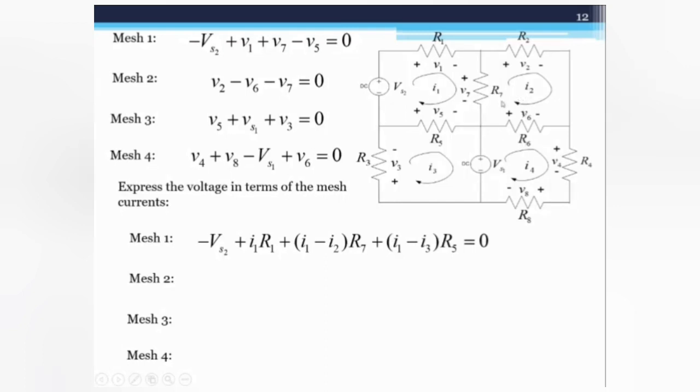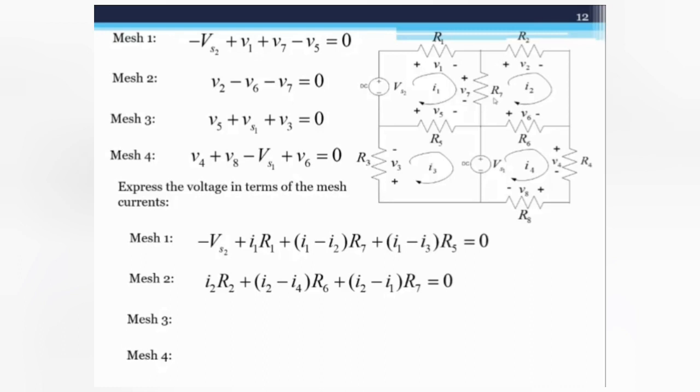Similarly, for the second loop, the voltage drop across resistor R7 has I2 positive and I1 negative, therefore (I2 minus I1) times R7. So our equation becomes I2 R2 plus (I2 minus I4) R6 plus (I2 minus I1) R7 equal to 0.